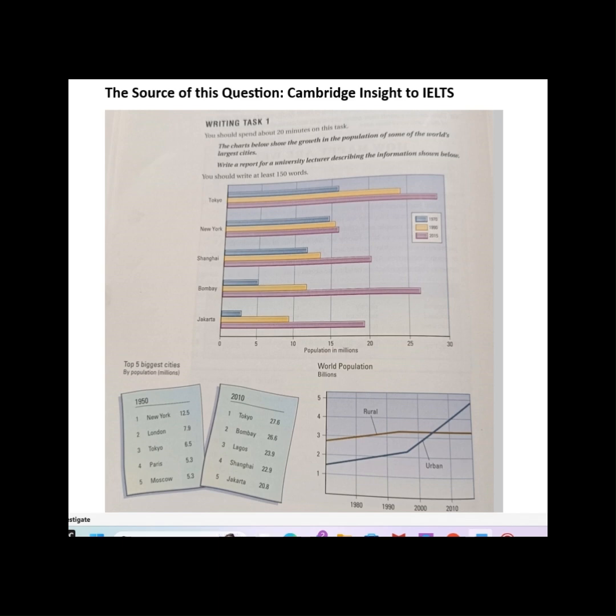Okay, and the third chart is a line graph. It is about world population in billions. There are 2 points in this. One is rural and the other is urban. Left side you have number of population, numbers in billions. Okay. Below the chart is years. Okay. Now let's move to the introduction in the report.